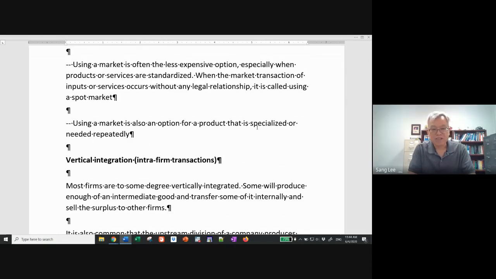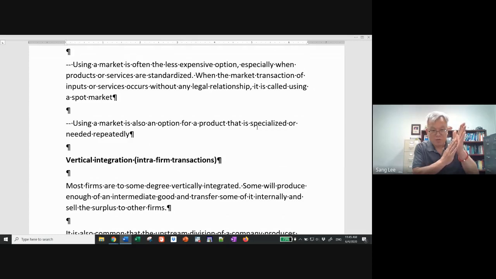But using a market is also an option when a product or input that you need is highly specialized or customized, or when you need them on a regular basis repeatedly. This is also using a market because you are not producing something internally. You still buy something from an independent seller or independent market firm.